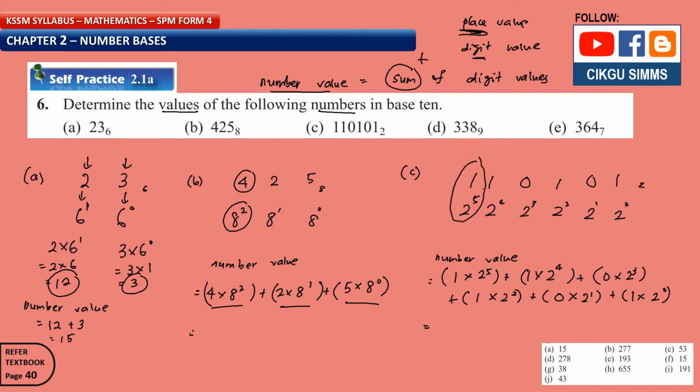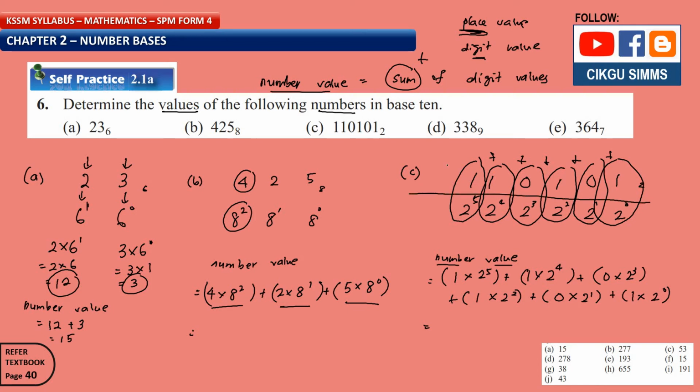Okay, so I'm doing the multiplication to find the digit values, and then I add them all together to find my number value. Okay, so you can even draw a table and label. So this is your place value. This is your digit.